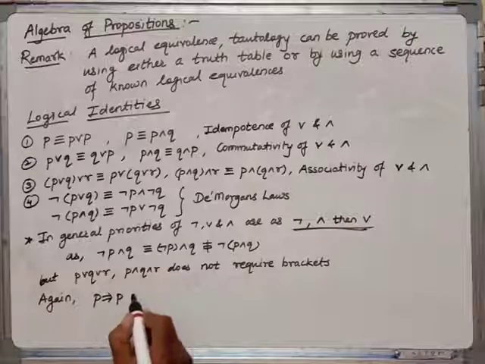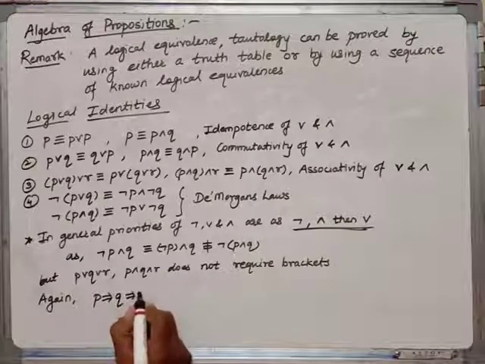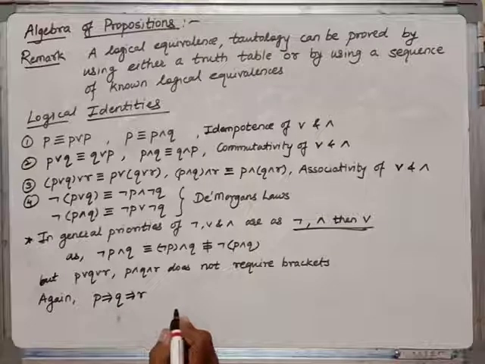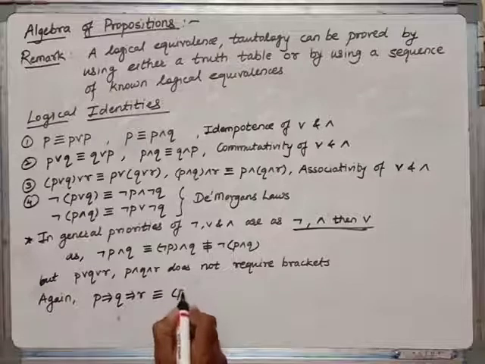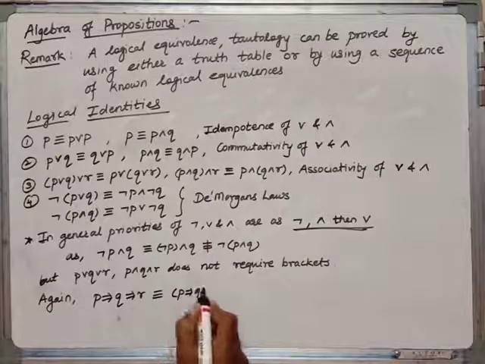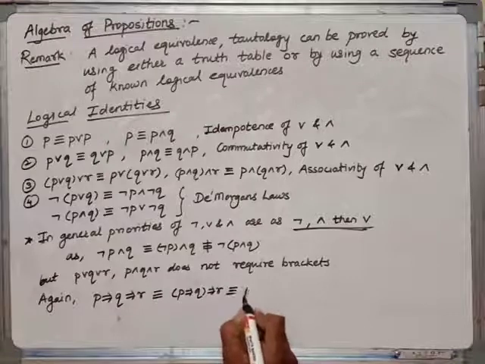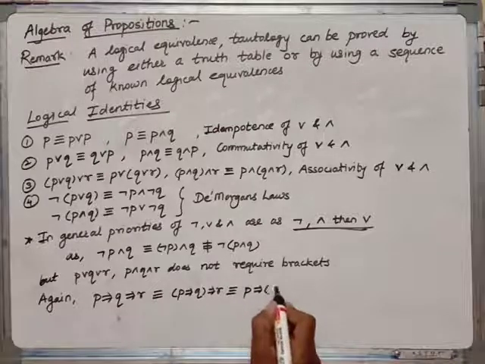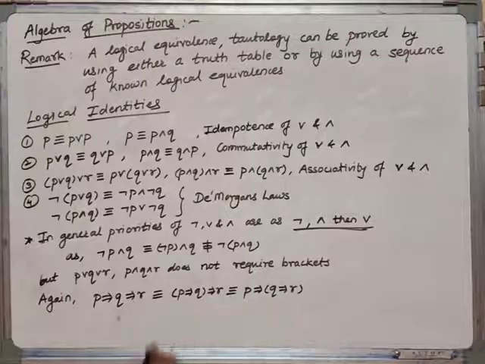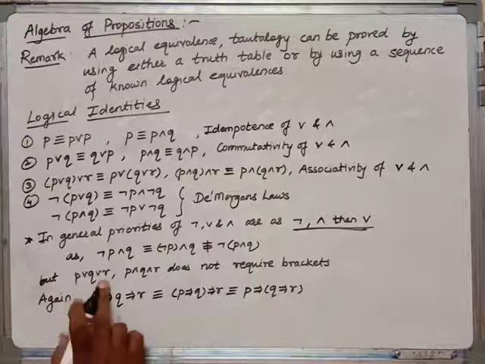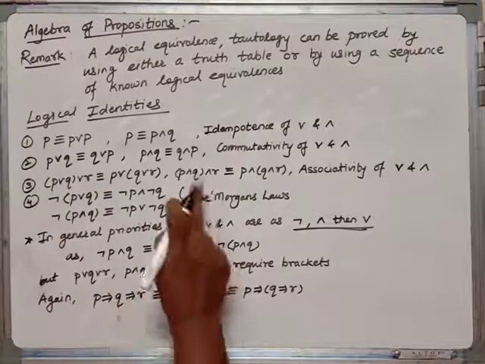P implies Q implies R. Suppose this is a statement. Is this equivalent to P implies Q implies R? Is here also associativity holds? This thing is equivalent to these two.